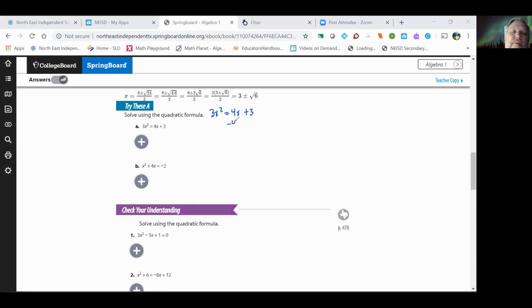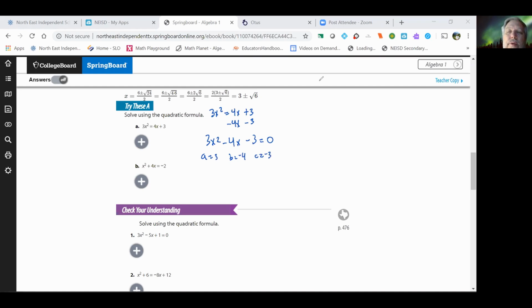So I'm going to subtract the 4x and the 3 to get rid of them on this side. So I have 3x squared minus 4x minus 3 equals 0. And so that allows me to identify A is equal to 3, B is equal to negative 4, and C is equal to negative 3.